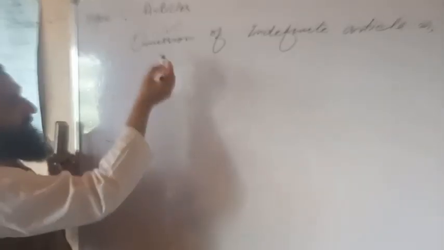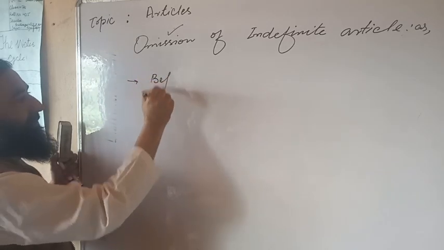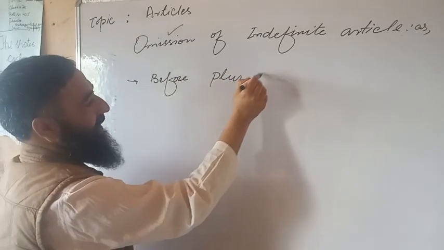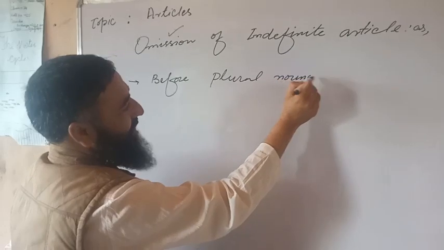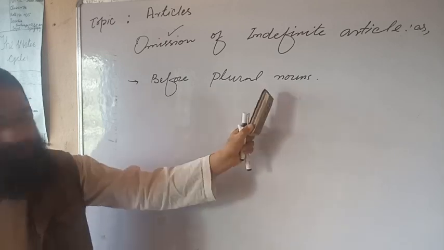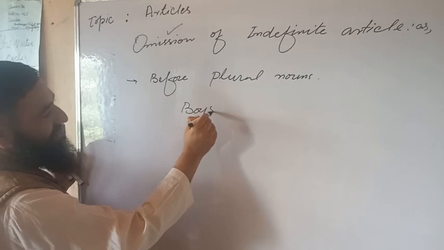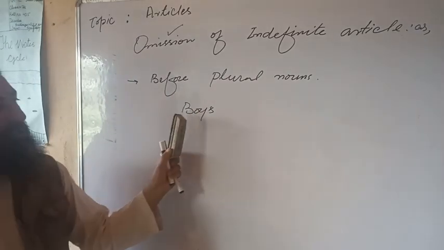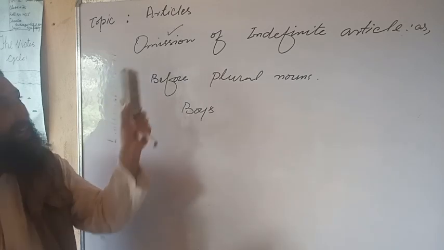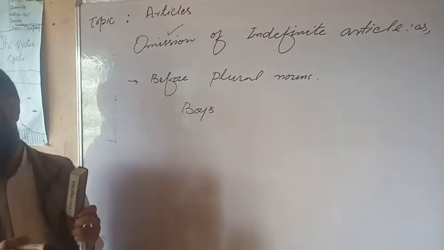First is before plural nouns. We don't use any indefinite article before plural nouns. For example, if you write boys, it's a countable plural noun and it will take no indefinite article. You will write boys.